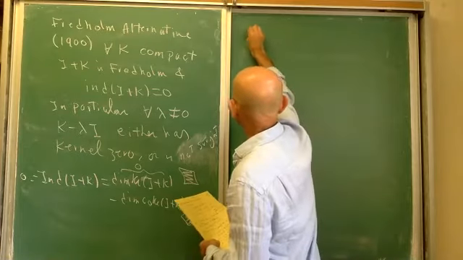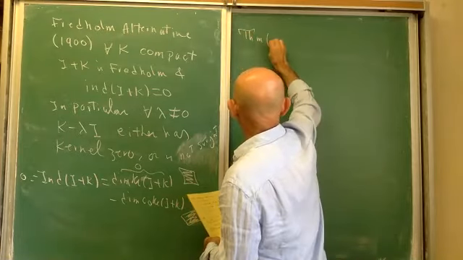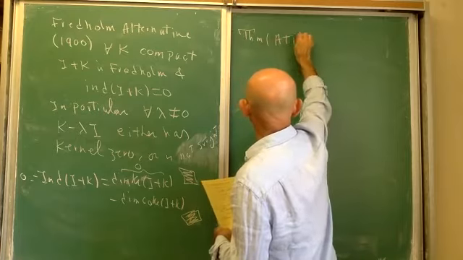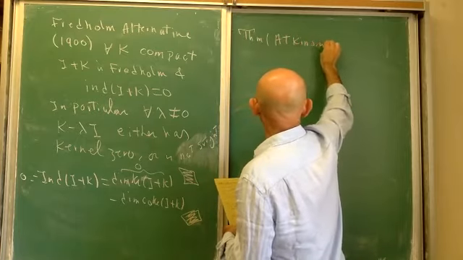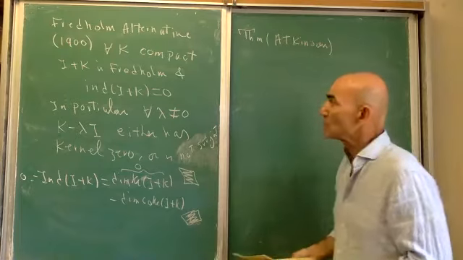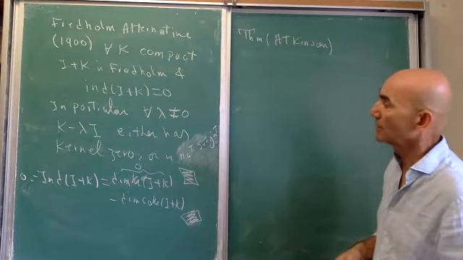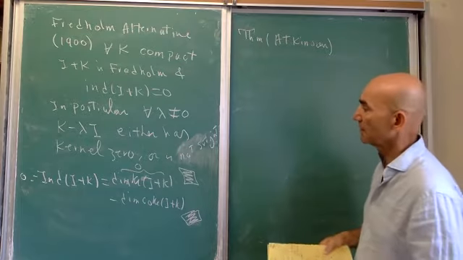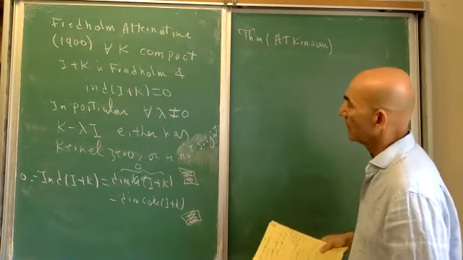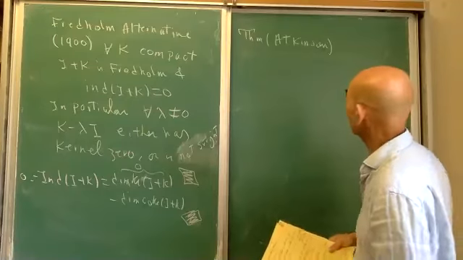Theorem, Atkinson. It basically tells us when an operator is Fredholm. It gives us very nice criteria for being Fredholm.